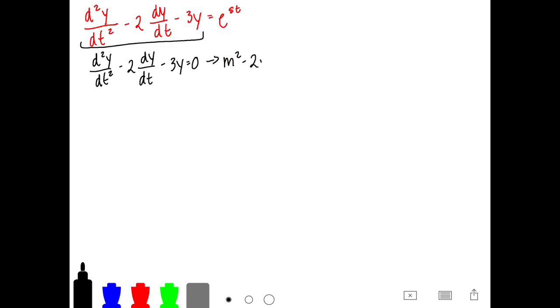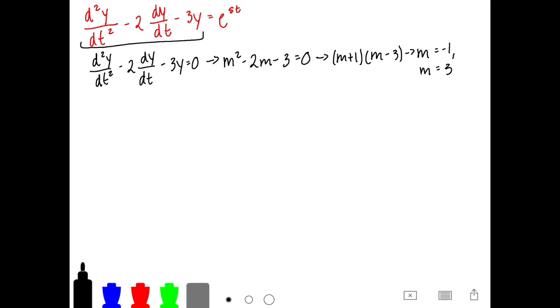And then in simpler terms, it'll be m squared minus 2m minus 3. And then when you factor that, you get m plus 1 times m minus 3. And then finding the m's, you get m equals -1 and m equals +3.